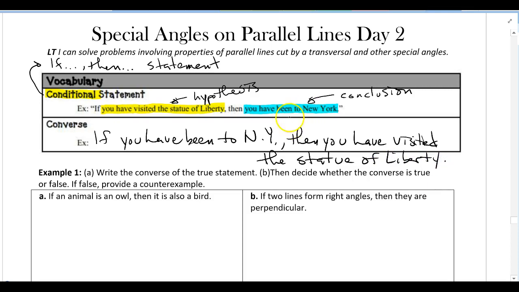So all I did was I switched these two parts. I switched the hypothesis, which I have highlighted in yellow, with the conclusion, which I have highlighted in blue, and we have what's called the converse.